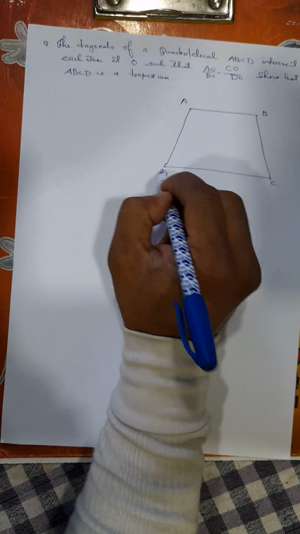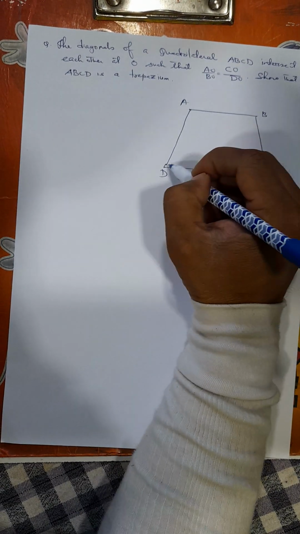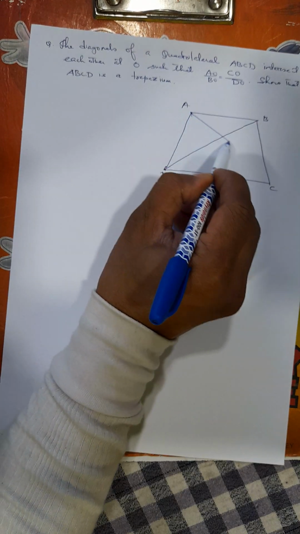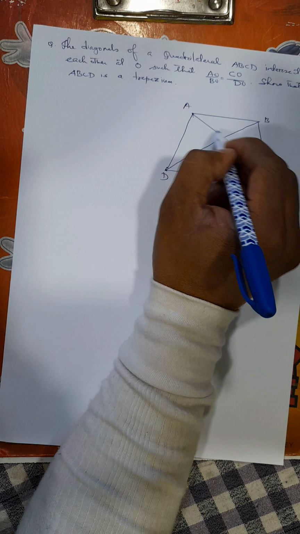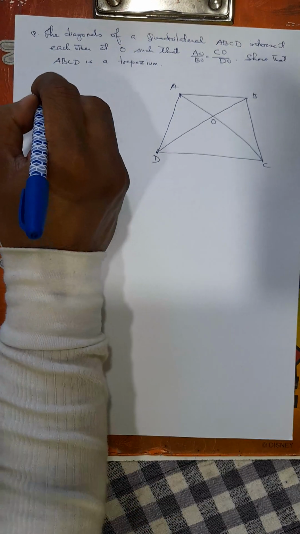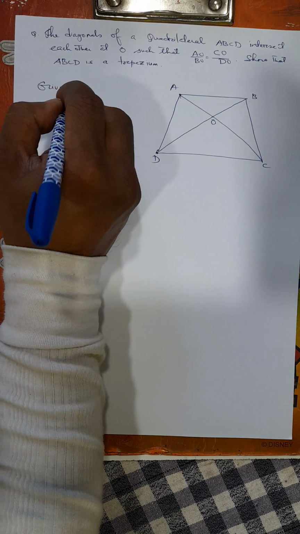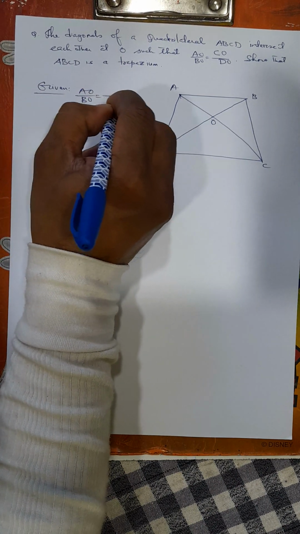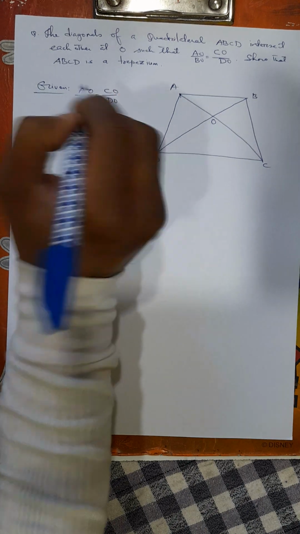ABCD is a quadrilateral in which diagonals intersect in such a way that AO by BO equals CO by DO. So you are given that AO by BO equals CO by DO.